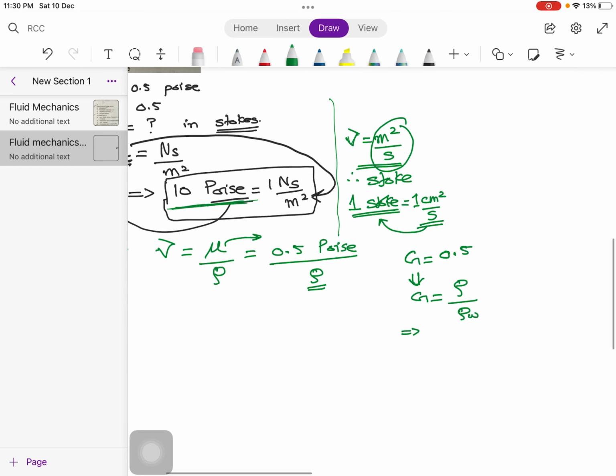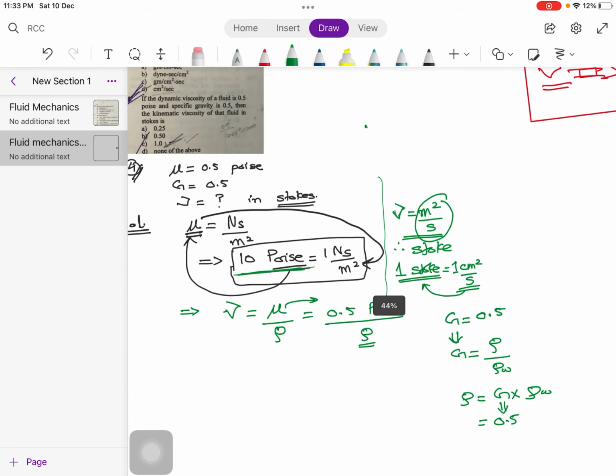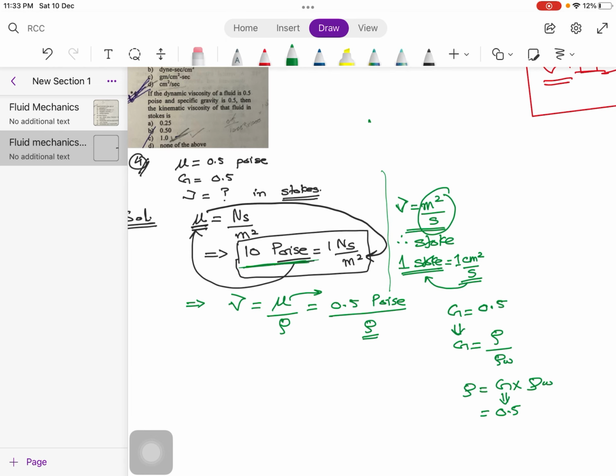So the density of this fluid will be specific gravity times the density of water, which is 0.5, given in the details of this question, times the density of water, which is 1000 kilograms per meter cube. So the density of this fluid is going to be 500 kilograms per meter cube.